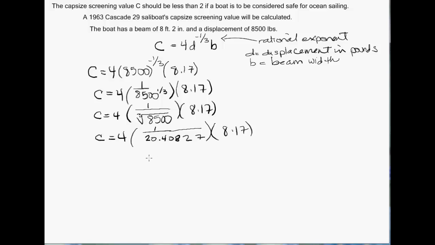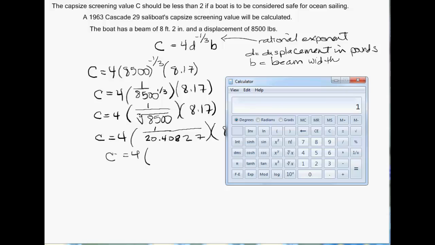Now we're done with our exponents, so we can just multiply from left to right. We can certainly do that, but I think it might be easier to convert this fraction to a decimal and then multiply. You don't have to; you can just multiply across and then you'll eventually be dividing by the 20.408. Either way works fine, but I'm just going to convert it. I think it's going to look a whole lot neater. 0.04899.